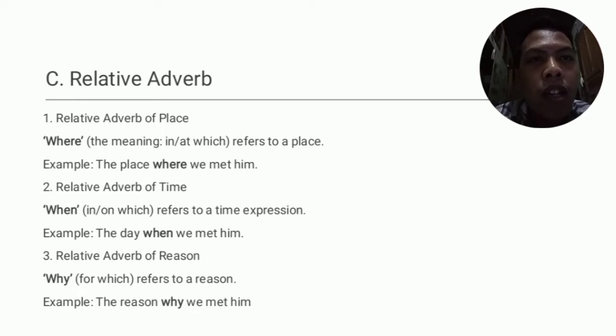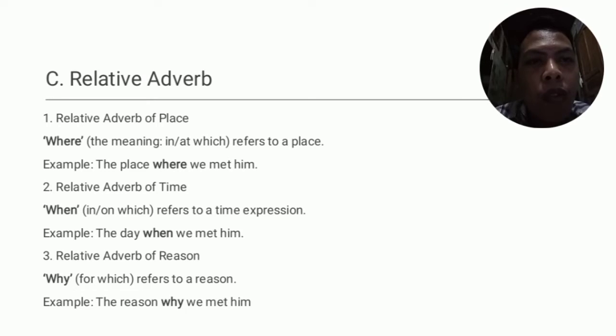C. Relative adverb. Number 1. Relative adverb of place, where, meaning in or at which, refers to a place. Example: the place where we met him. Number 2.